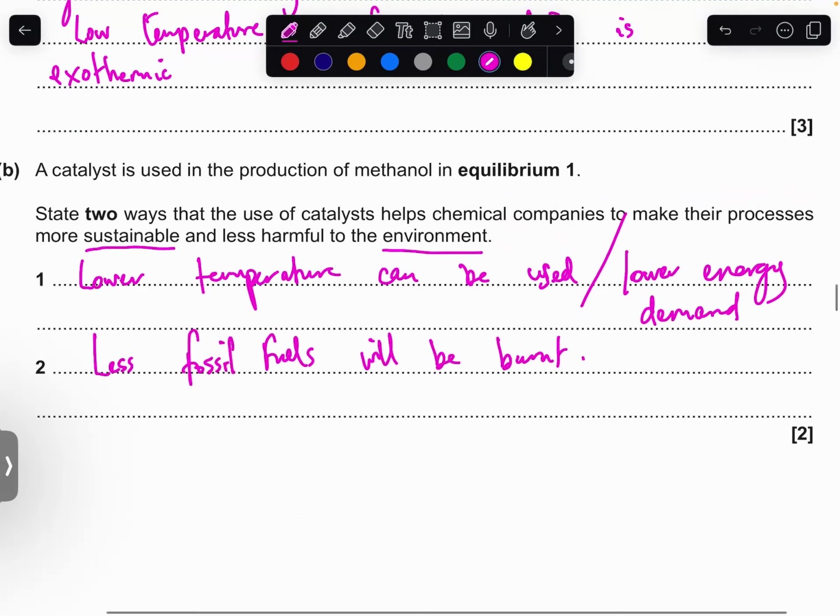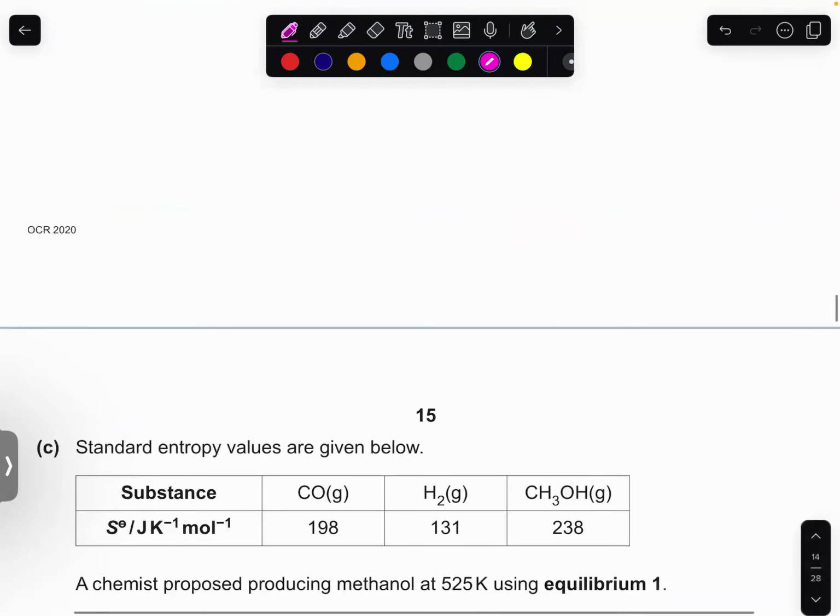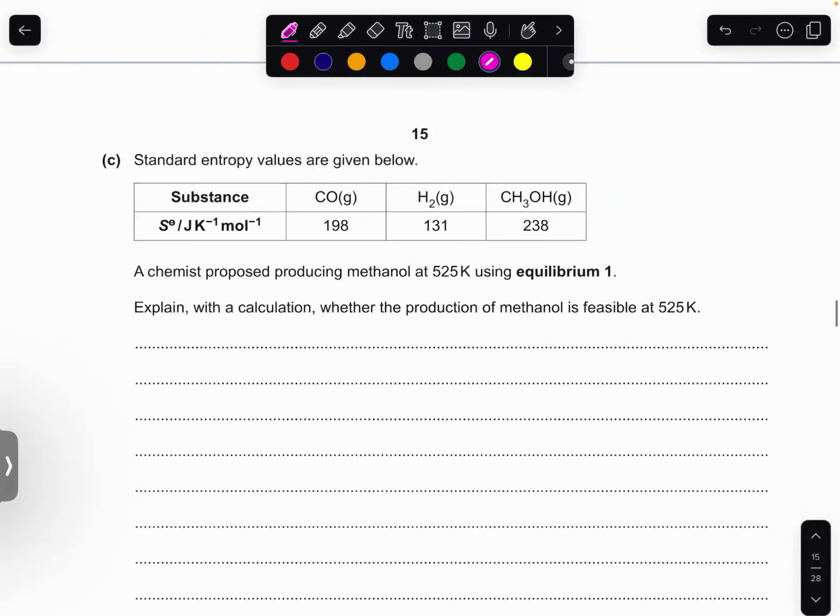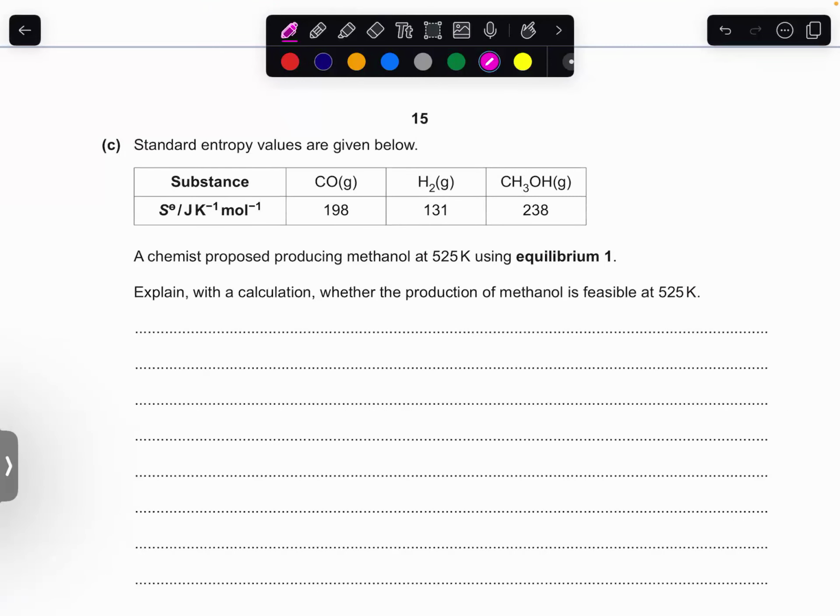Moving on. It's asking here, at this temperature, we've got our entropy values. Standard entropy values are given there. You've got the temperature at which this is taking place.